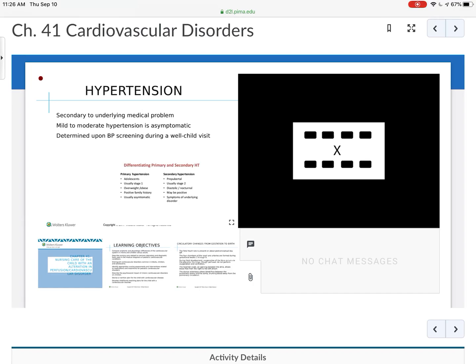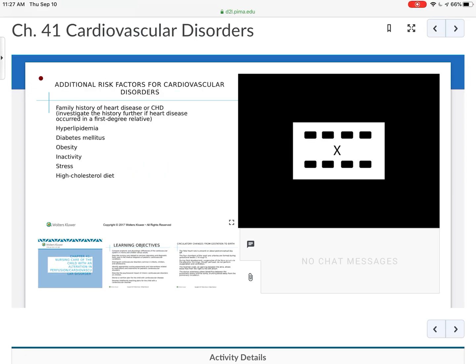And making sure that we are, again, doing assessments, doing education. Your book talks a little bit about primary and secondary hypertension. It doesn't really matter what type, we're still going to do the same type of education on this. So physical activity, diet, things like that are important.